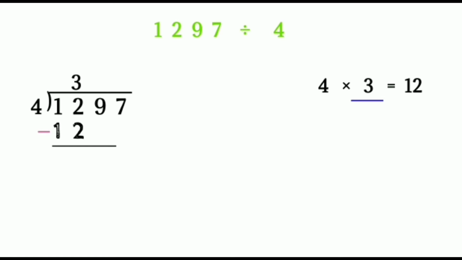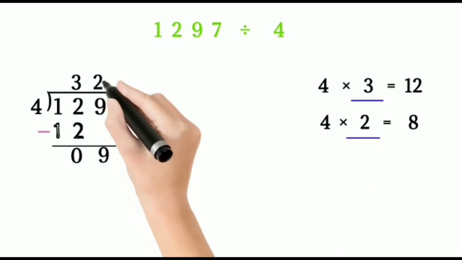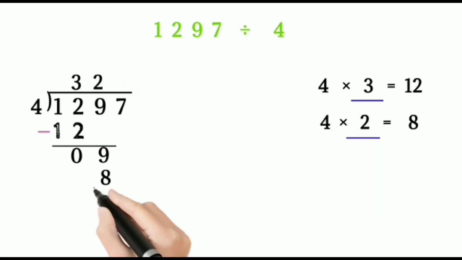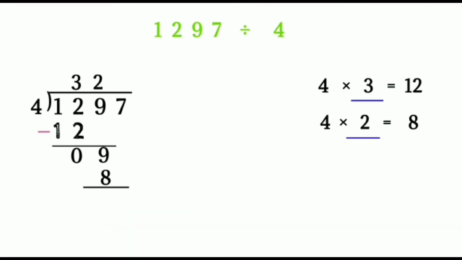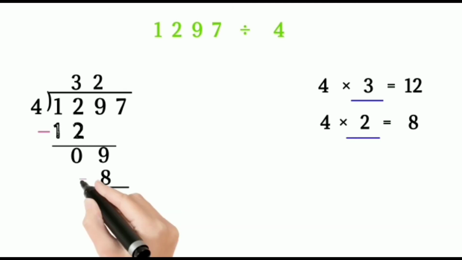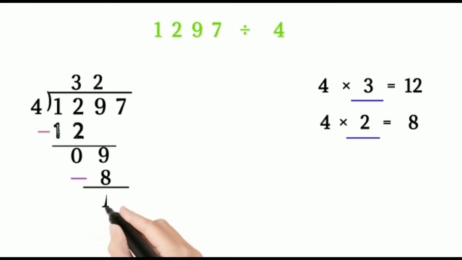The next digit of the dividend is 9. We bring down 9. Our new dividend is 9. How many 4s can we take from 9? 4 twos are 8. Write 2 in the quotient and 8 below the 9 and subtract. 9 minus 8 is 1.